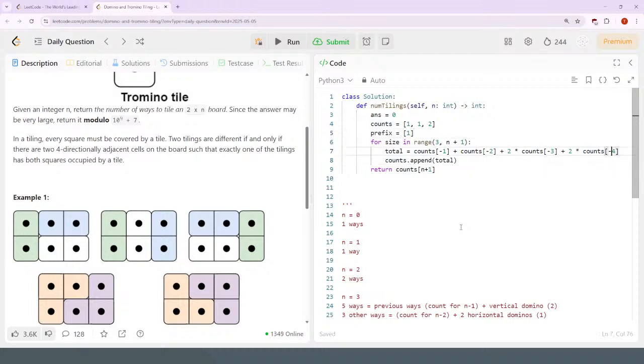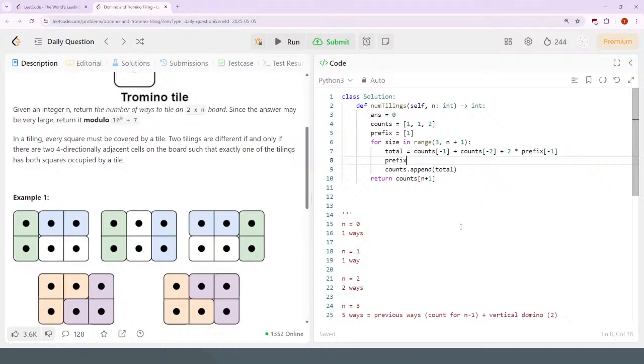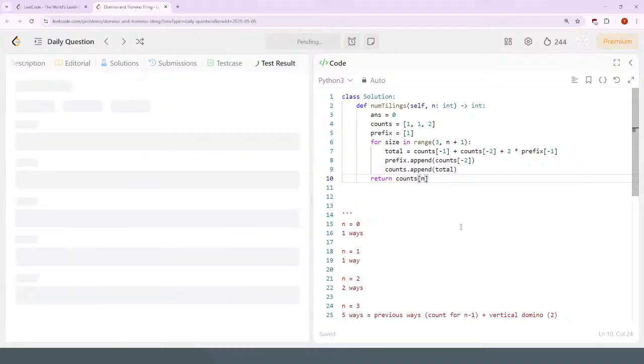Okay, so it's going to be counts of the previous 2 plus 2 times the last prefix sum, and then the prefix sum should add on to it. Prefix sum dot append counts at -2. And here this should go back to doing counts at n.